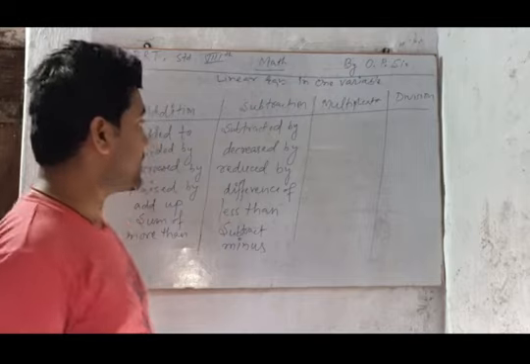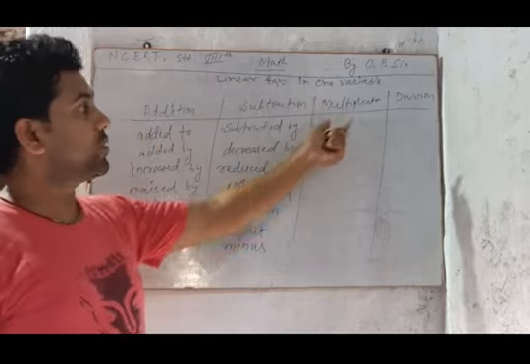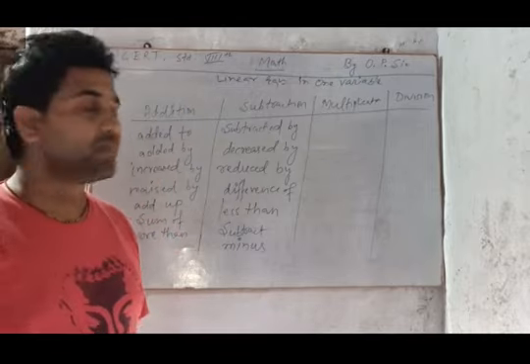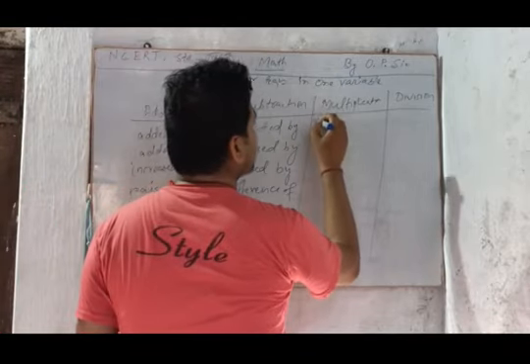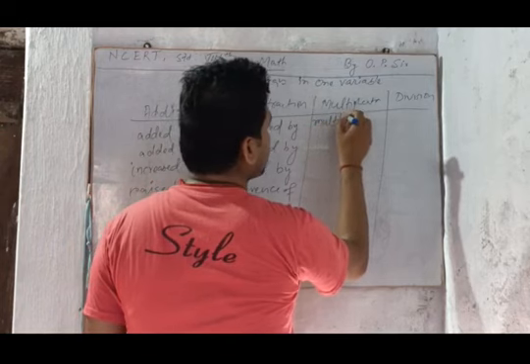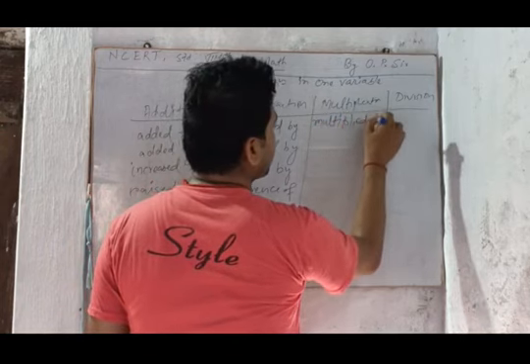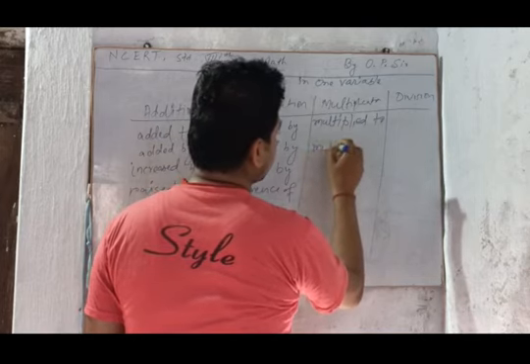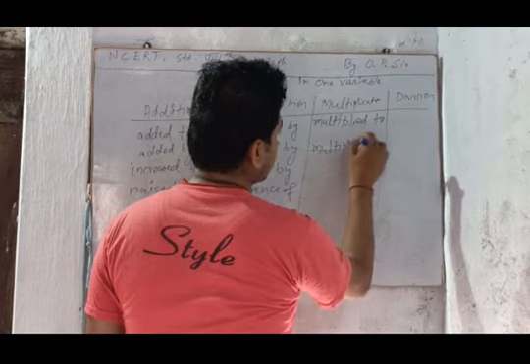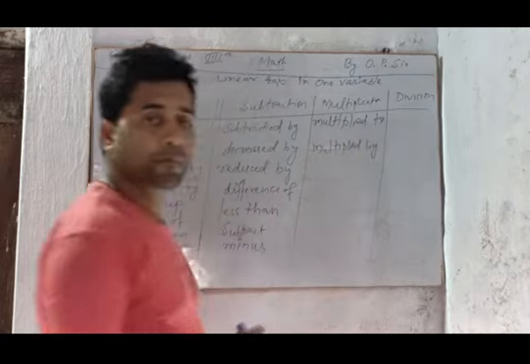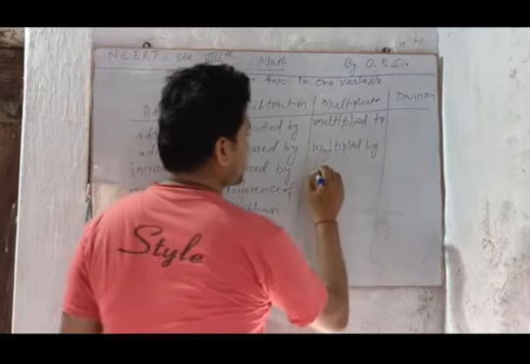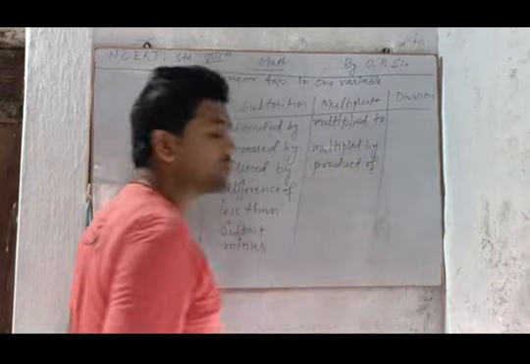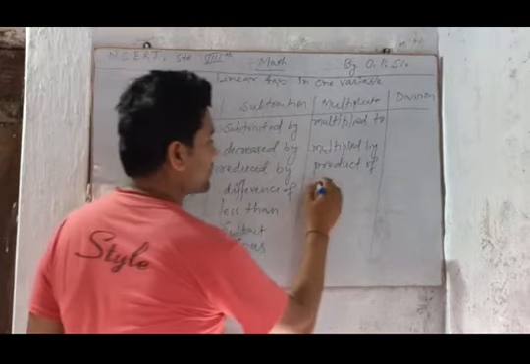The next thing which we discuss is multiplication. For multiplication, what are those words which may come? Multiplied to, multiplied by, product of, twice a number.